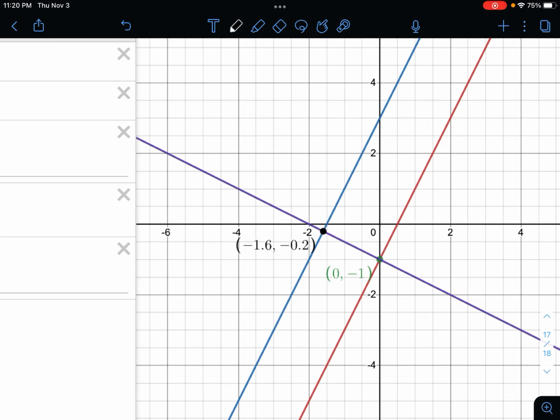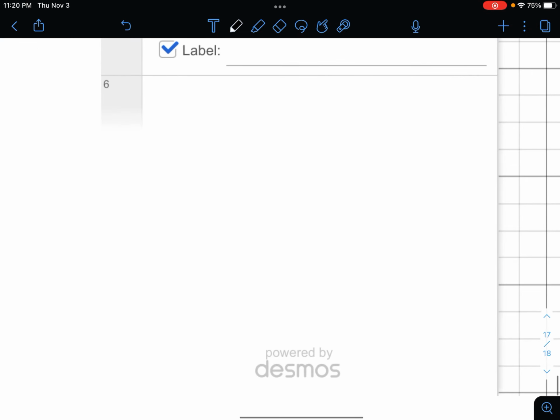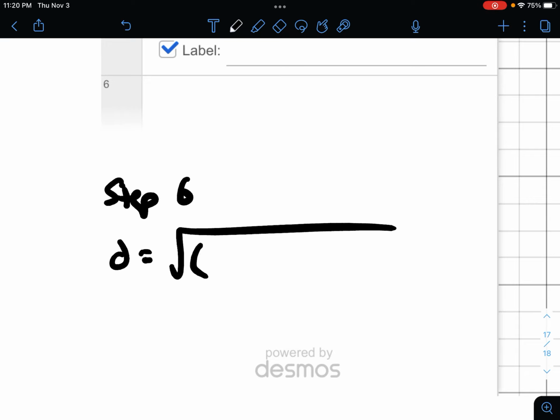Okay, so now we're at the last step here. We found 2 points on the lines, right? We know this line is perpendicular to both lines, and we found these 2 intersection points, so we can go ahead and find the distance. So we're going to use the distance formula. All right, this is step 6. We know the distance formula is the difference in the x values squared plus the difference in the y values squared.